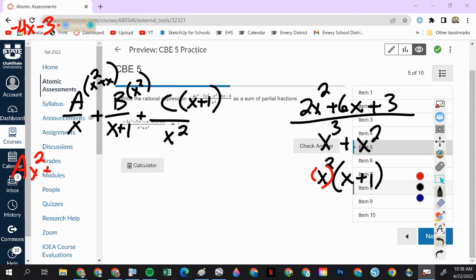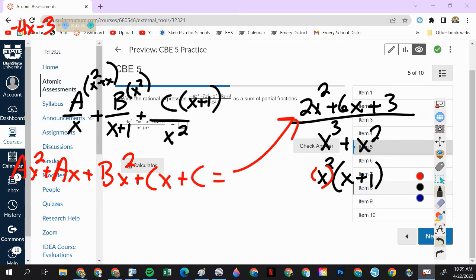Ax squared plus ax plus bx squared plus cx plus c is equal to that. So a plus b equals 2. A plus c equals 6. And c equals 3.